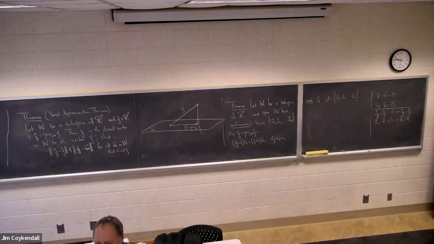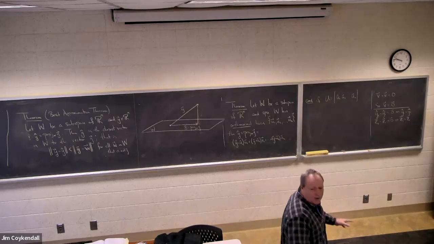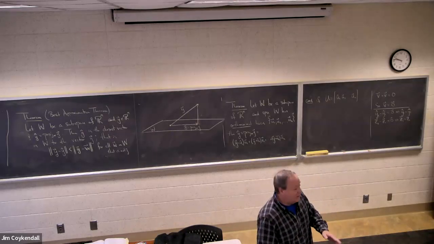What do we call such a matrix? Orthogonal? Evil professor tricked you. Not necessarily. Yes, we would call it an orthogonal matrix if it had one more property. What's that? It has to be square, right? This matrix up here is not necessarily square. So I was being a little bit tricky there.